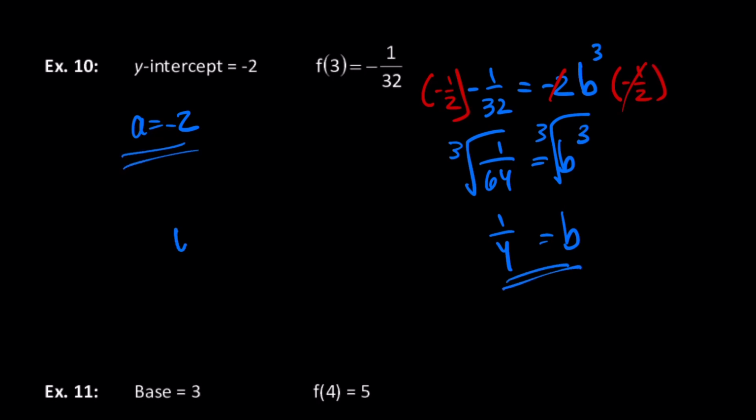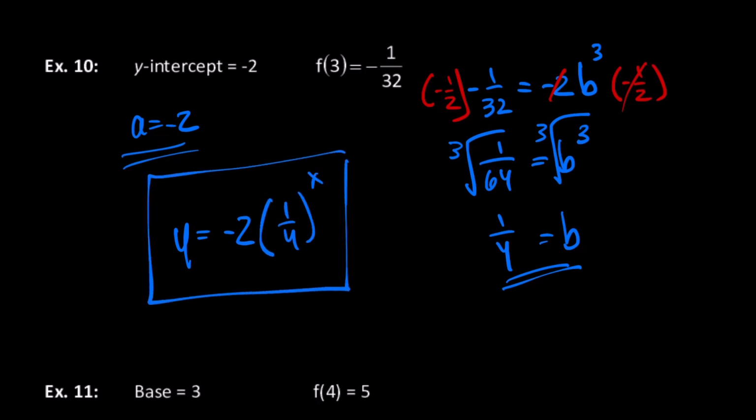Here's your equation: y equals -2 times 1/4 to the x. And again, you can check this pretty easily. Plug in a 3 here. 1/4 cubed is 1/64, and -2 times that is -2/64, or -1/32, and that one works as well.